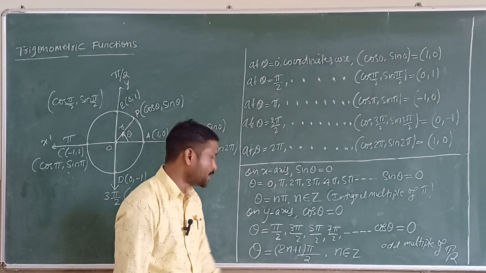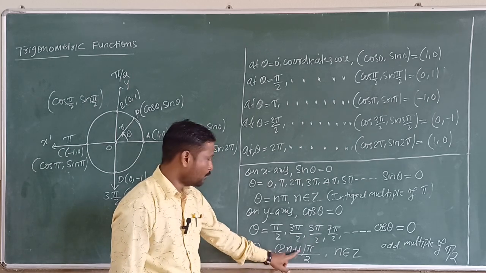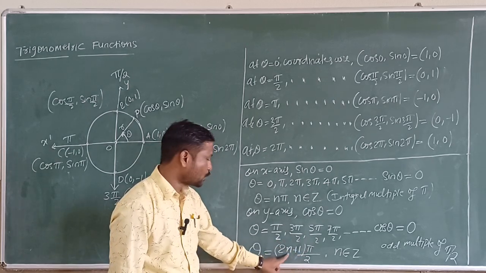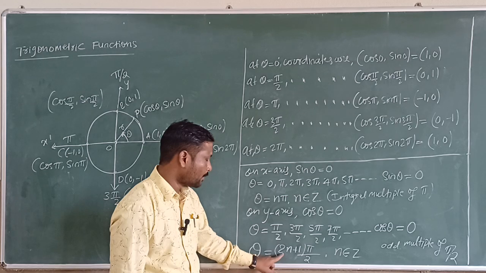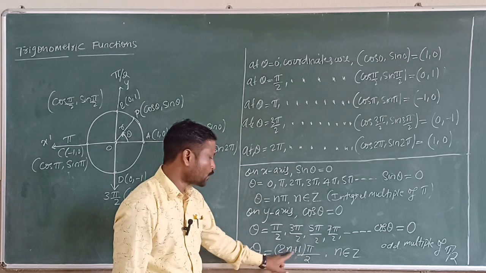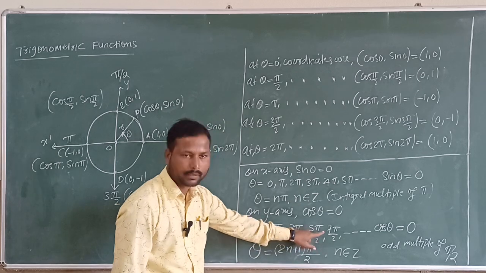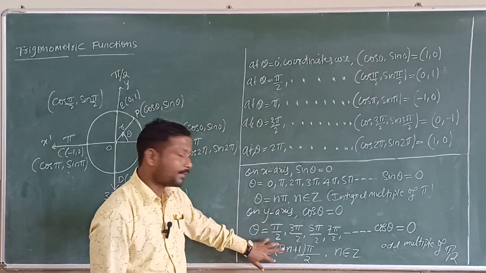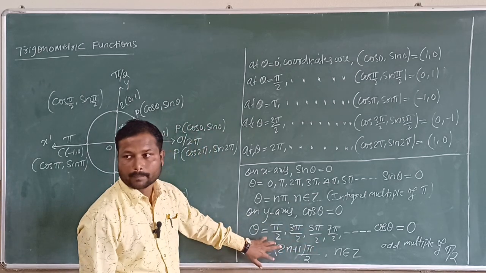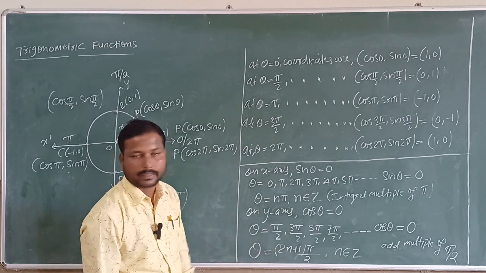Take n equals 0: 2 times 0 is 0, plus 1 gives 1, so 1 into pi by 2. Take n equals 1: 2 plus 1 is 3. Take n equals 2: 2 twos are 4, plus 1 is 5. Take n equals 3: 2 threes are 6, plus 1 is 7. This is the general form: theta is equal to (2n plus 1) pi by 2.